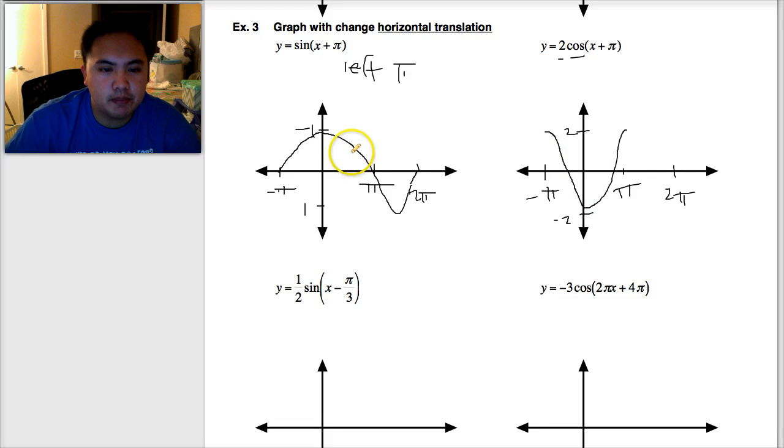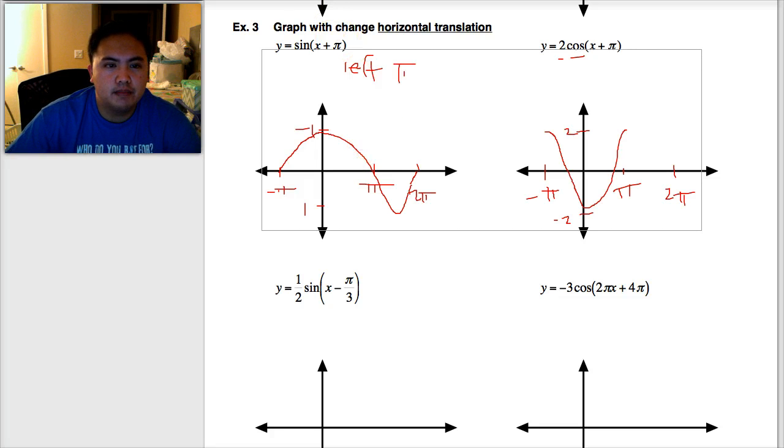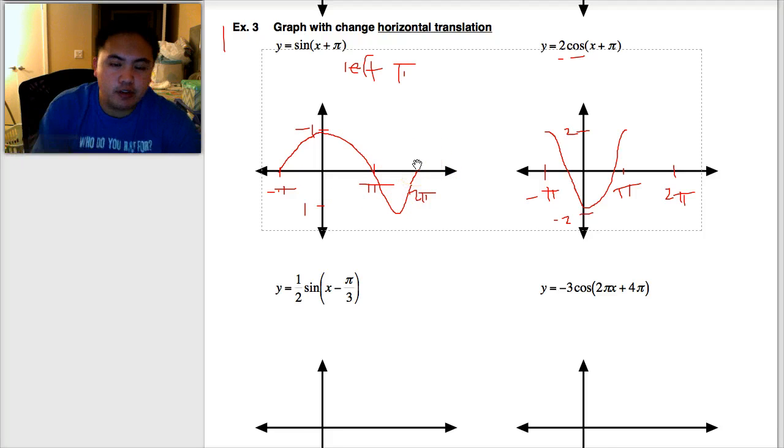And I noticed when I did this, I made a mistake on this problem. Maybe I'll do a black line or a blue line instead. But you'll notice in this problem, remember I moved everything to the left pi. So this actually should have stopped at pi. I know I probably confused you guys, but it normally ends at 2 pi, but since I moved everything to the left, it doesn't end at 2 pi anymore.